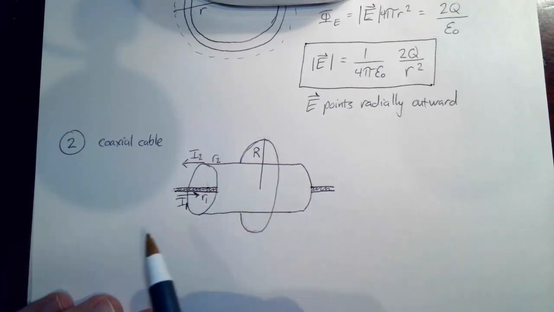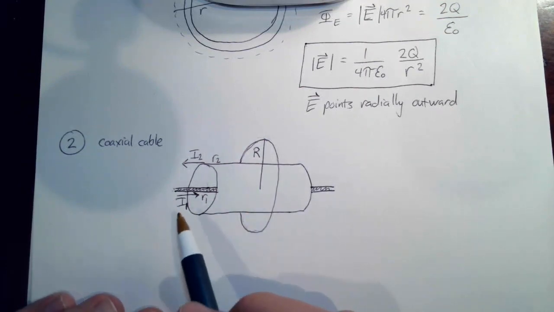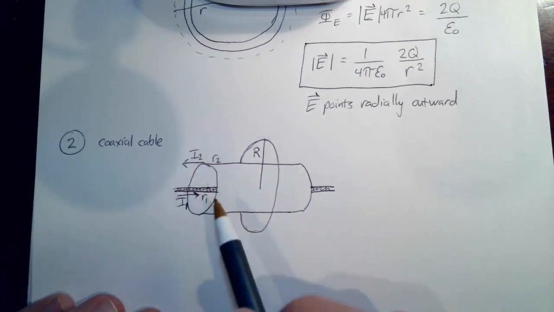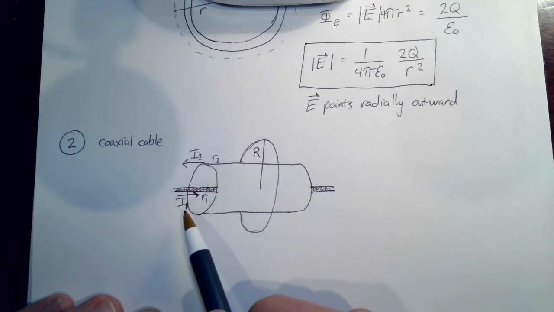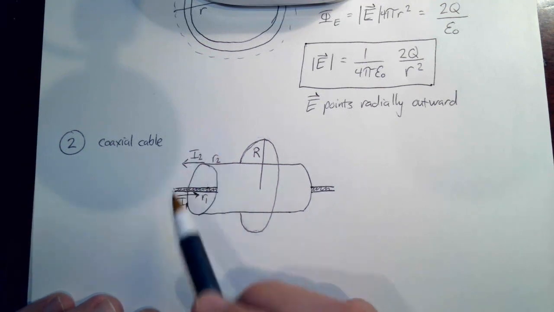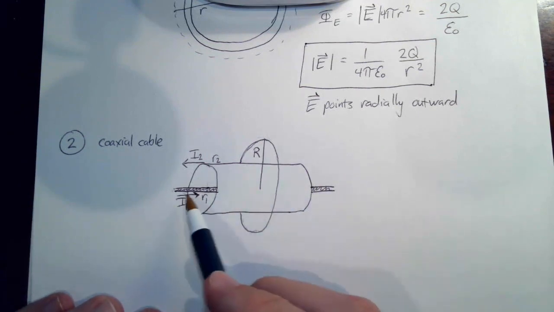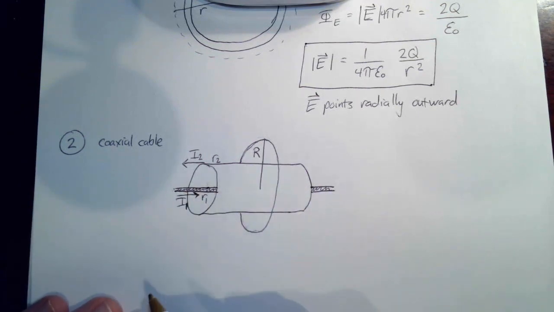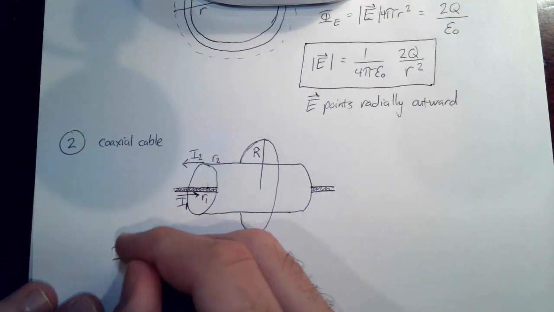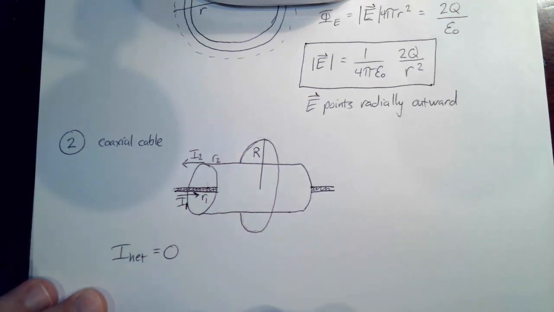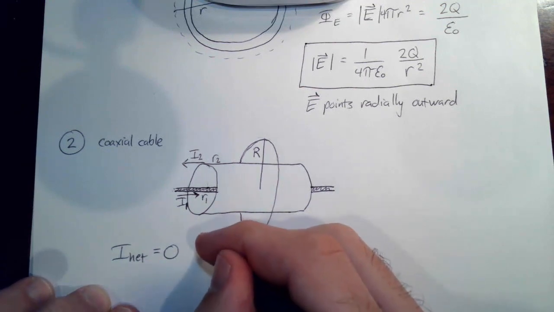We have to be more precise here in a minute about which of these I1 and I2, which one's positive, which one's negative. But for now, since they're equal and opposite, we can conclude that they cancel, and so the net current that passes through this soap bubble is 0. So if the net current passing through the soap bubble is 0, then the right-hand side of Ampere's law is 0.